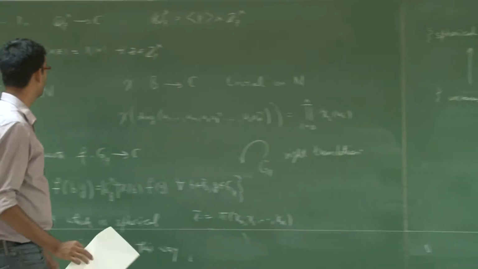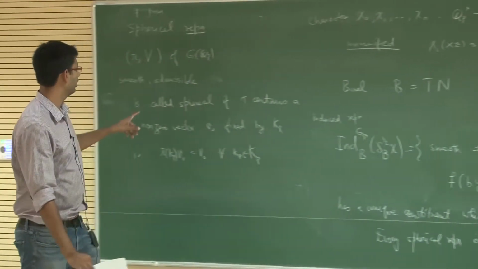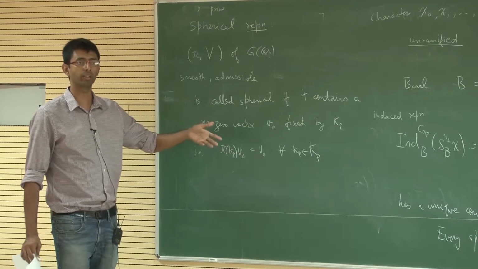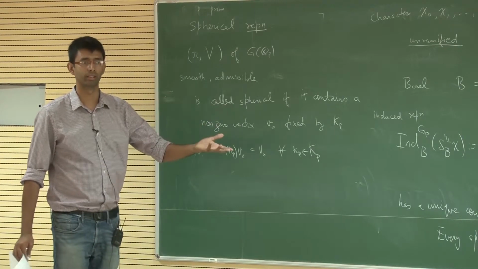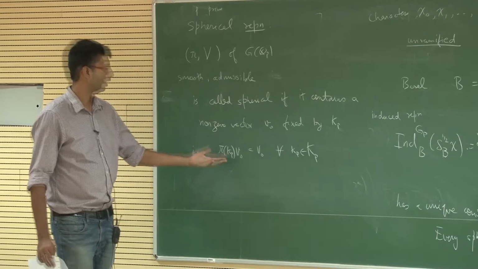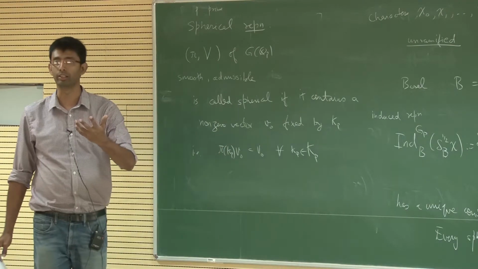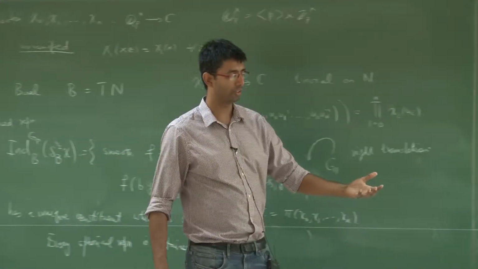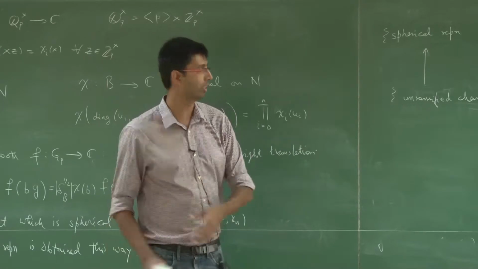Now, if you have a spherical representation, then the spherical vector is K-invariant. So when the Hecke algebra acts on it, it spits out a scalar, because the Hecke algebra keeps the spherical vector once again spherical, and we just said it's unique. So if you apply the operator and get another spherical vector, it has to be a constant times the original one.